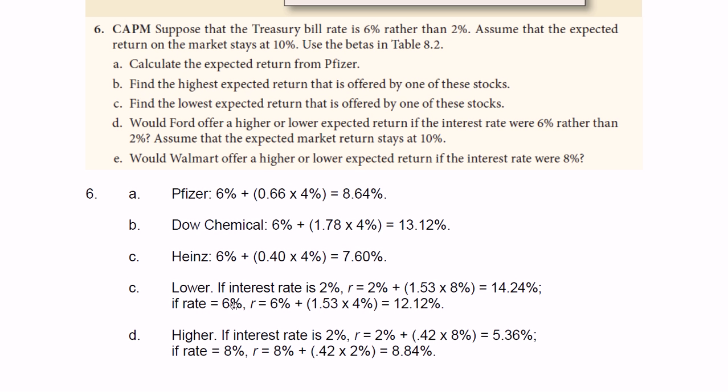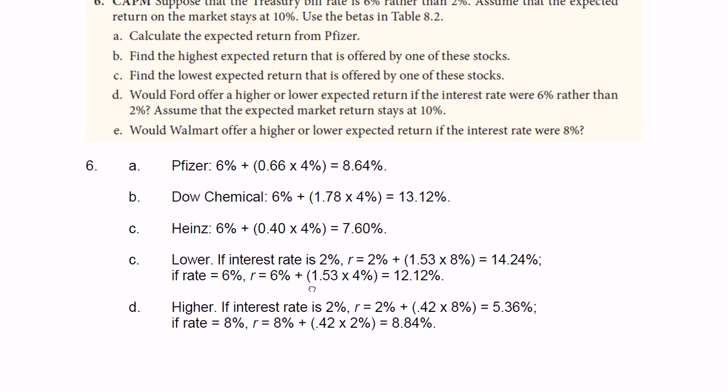If the interest rate is 2%, the risk-free rate is 2%, and this is the beta, and this is 10% minus 2%. So we get 14.22%. But if the interest rate is 6%, this is the risk-free rate, the beta, and 10 minus 6. Now we have a 4% risk premium, so we get 12.12%.